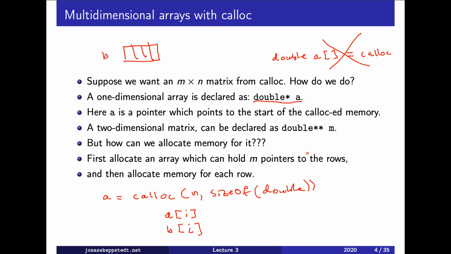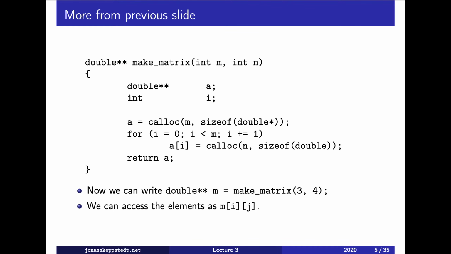How can we create the matrix if we need multiple dimensions? We will see that next. But what we do is to use the same number of levels of pointers as we need dimensions.